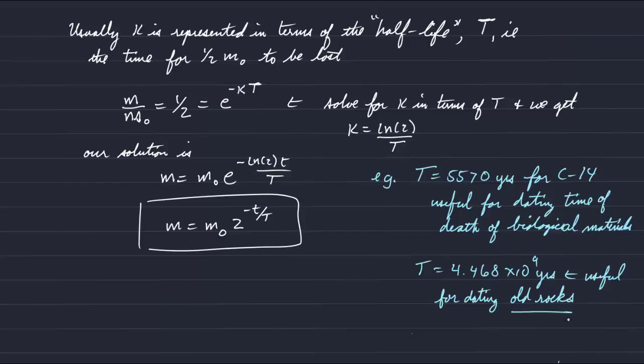They have to be old rocks because the half-life for 238 is comparable to the age of the Earth itself. But nonetheless, we can use 238 to date rocks back into geologic time. Okay, so this concludes this video using the example of radioactive decay.